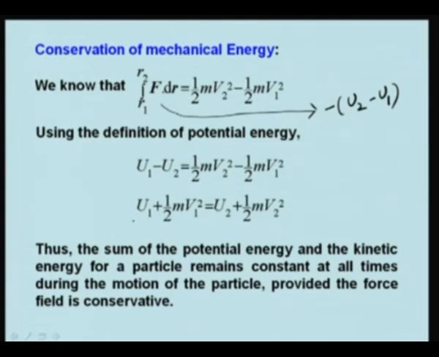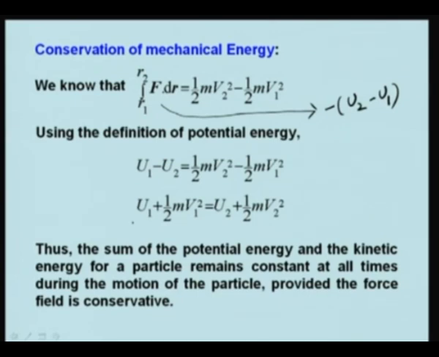We can take this to this side and we say U1 plus half m v1 square is equal to U2 plus half m v2 square. Thus, the sum of the potential energy and the kinetic energy for a particle remains constant at all times during the motion of the particle, provided the force field is conservative.